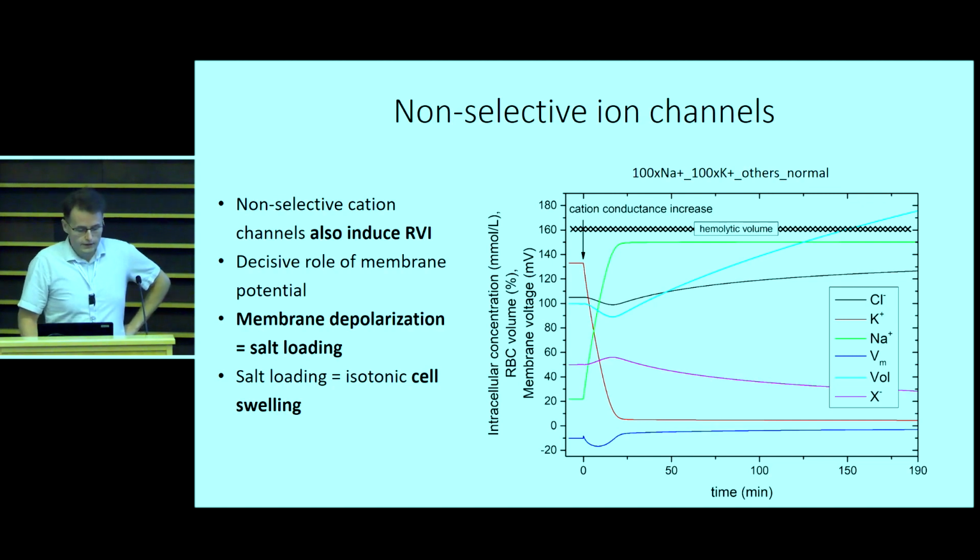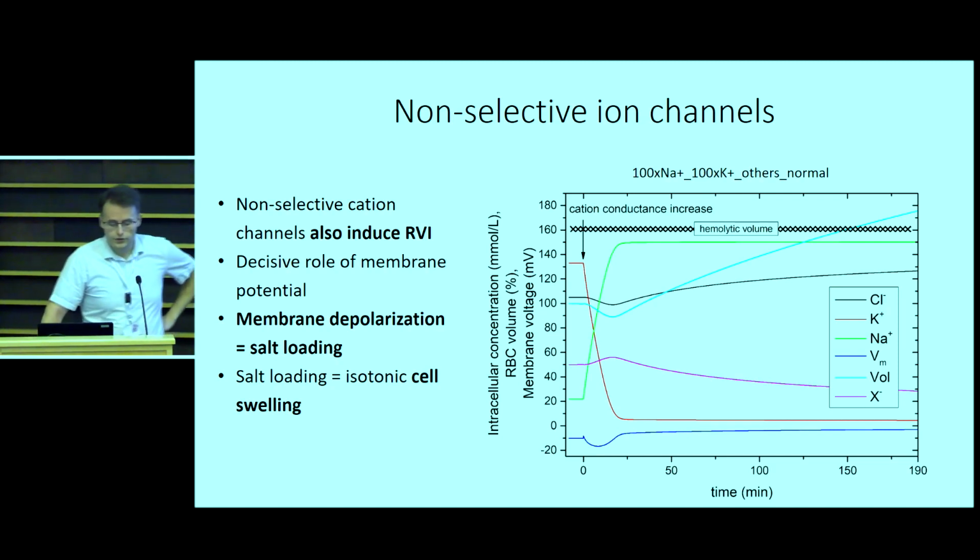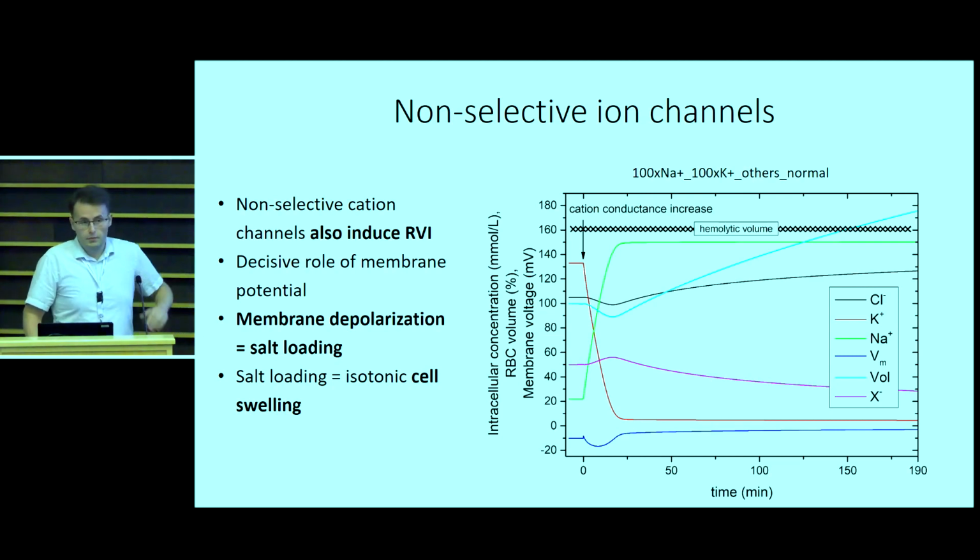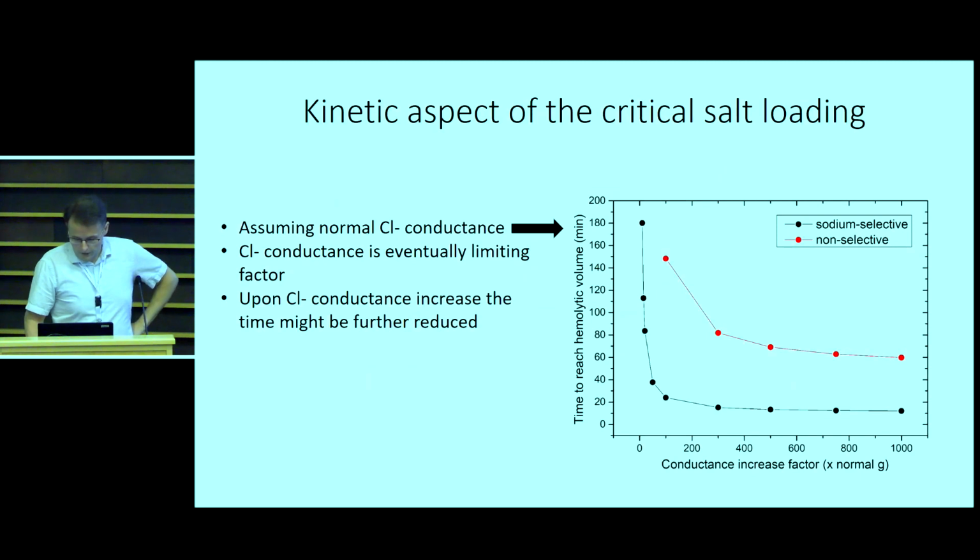I should emphasize the decisive role of membrane potential in all of this. To sum it up, membrane depolarization leads to salt loading, while membrane hyperpolarization leads to salt loss.